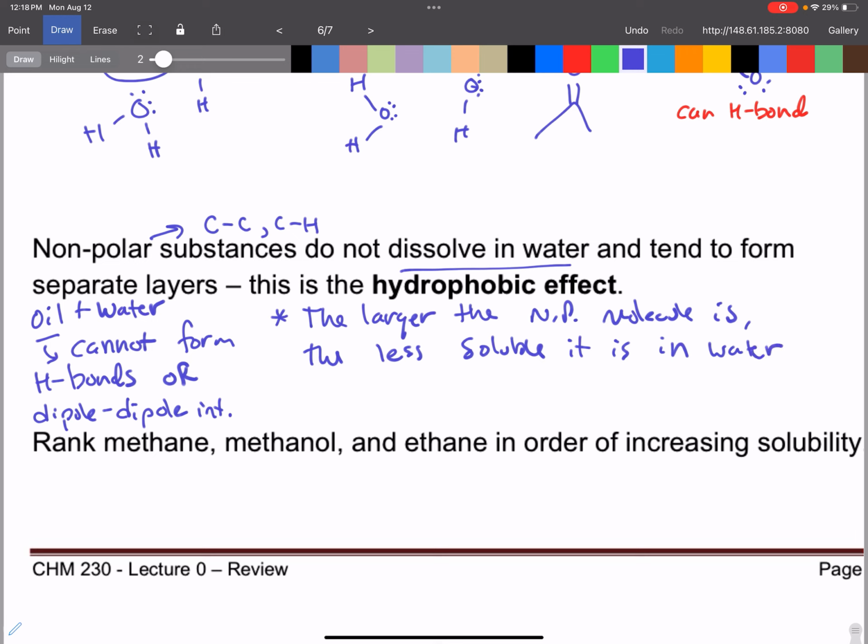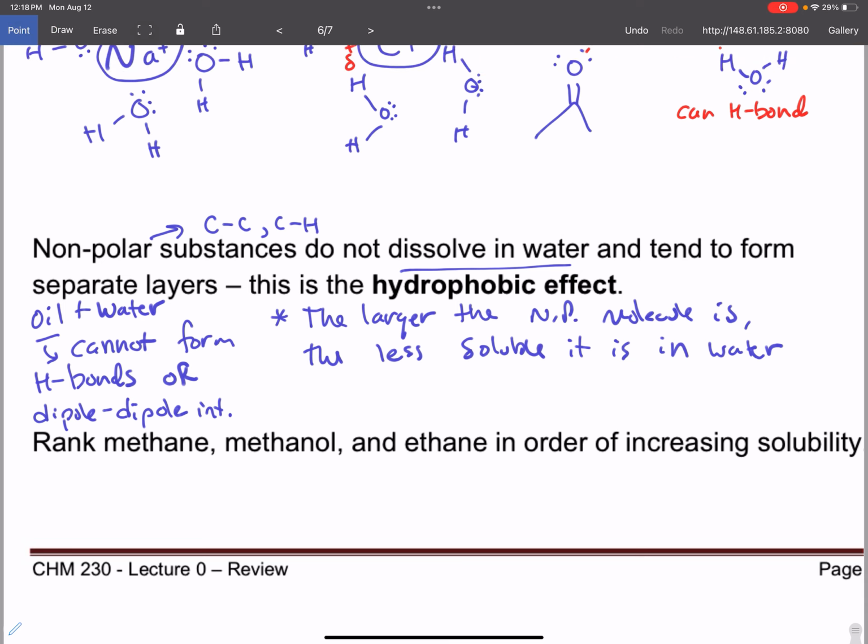So something with a lot of nonpolar surface area, lots of CC and CH bonds, is going to be far less soluble in water than maybe just a smaller molecule. We call this the hydrophobic effect, the fact that these are going to tend to form separate layers, again, like oil and water. And we'll talk much more about what the hydrophobic effect really means, because it's pretty key and important when we're talking about how proteins fold and how your membranes are made. So we'll get into that later on.